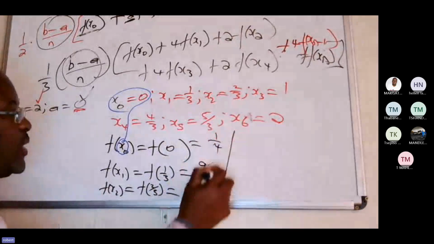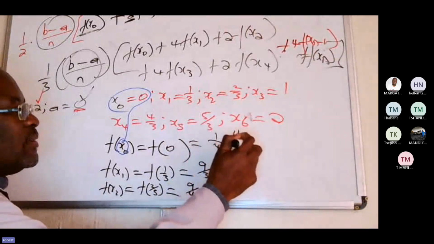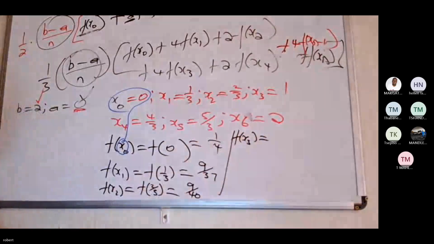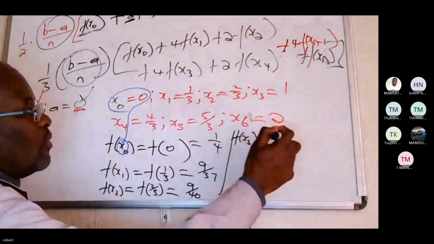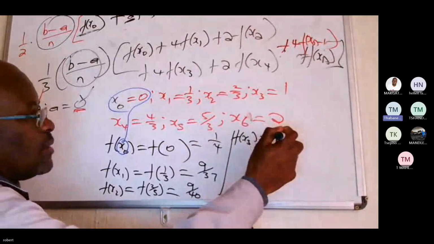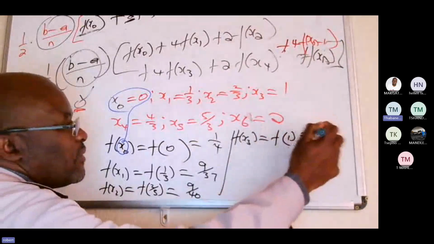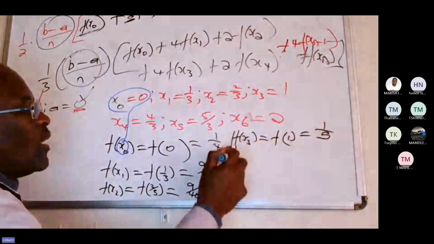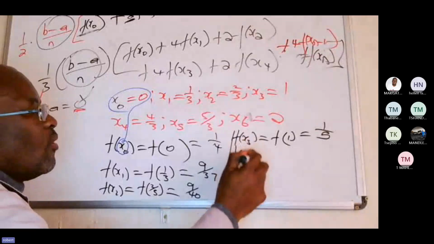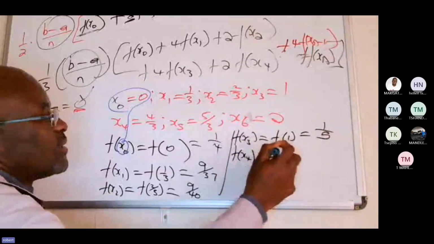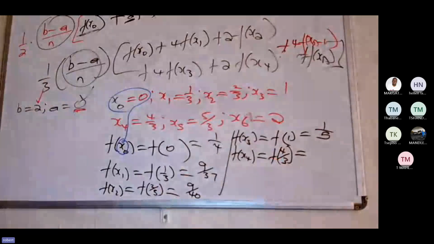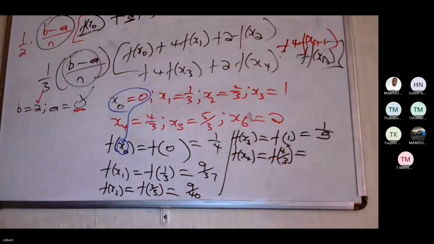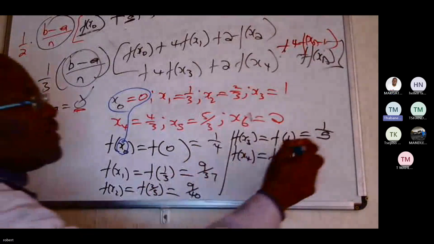The same story with f of x3, which will be 1 over 5. Yes. What is f of x4? Hopefully you can see this. I don't have space. I'm trying to write. 9 over 52.